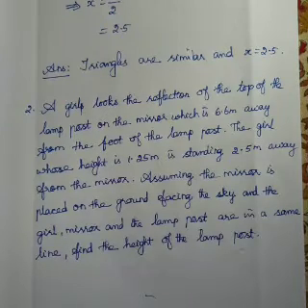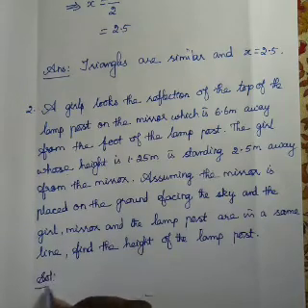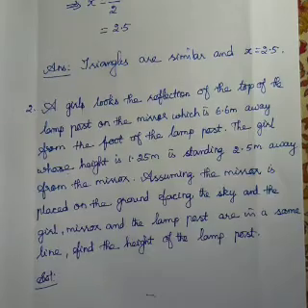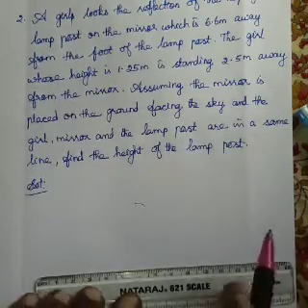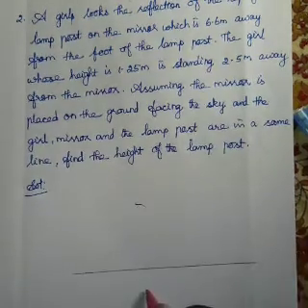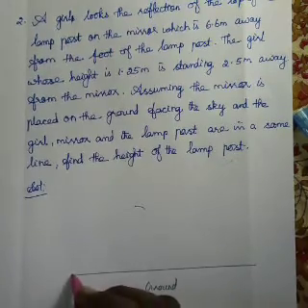First of all, all three are on the same line, so we can draw the line first. So this is the line, that is the ground line. This is the place of the girl.